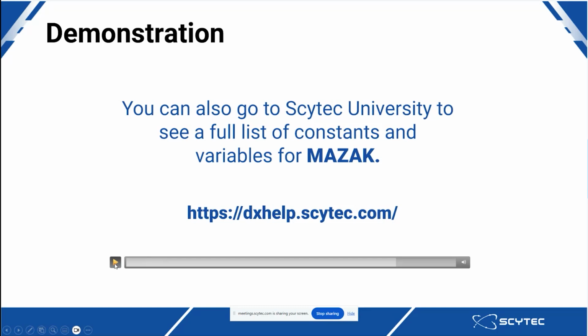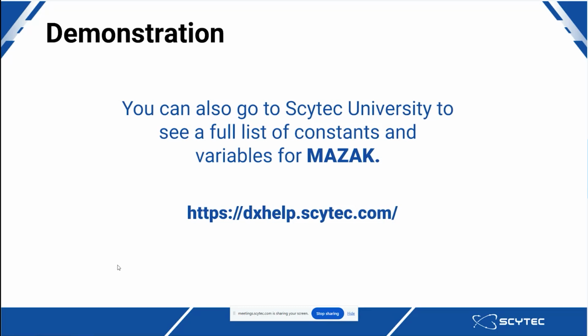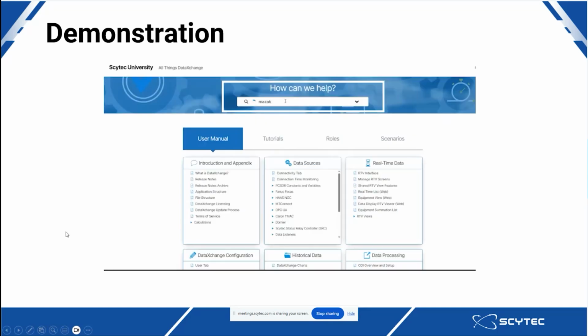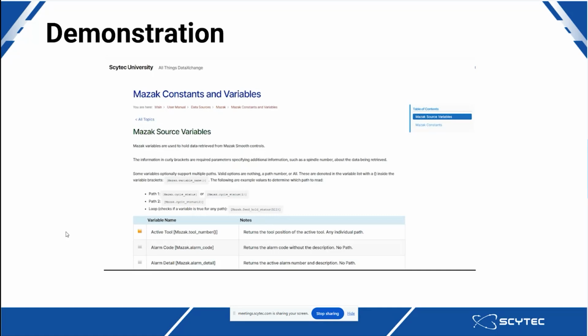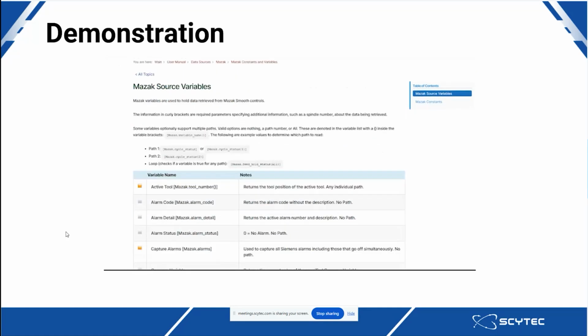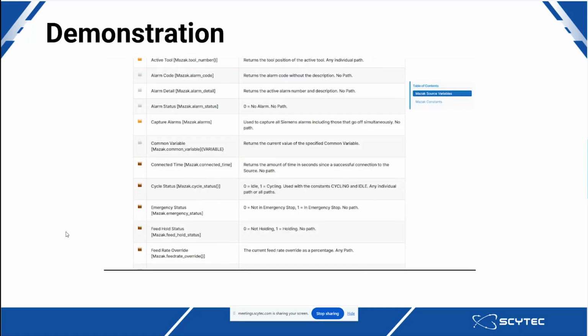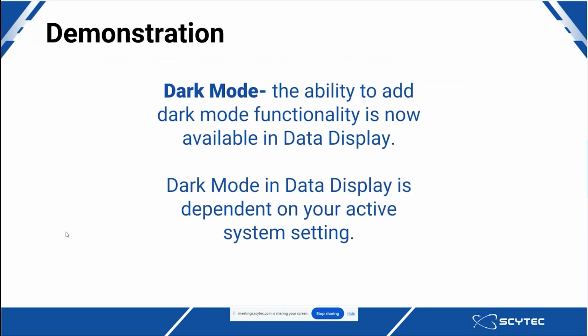If you also go to dxhelp.scytec.com, you can see a full list of the constants and variables for the Maszak protocol. And as I said, this can be found on our Scytec.com or Scytec University website.